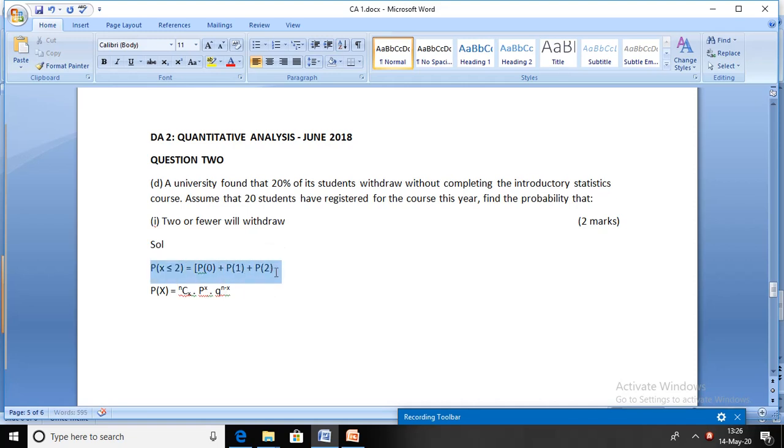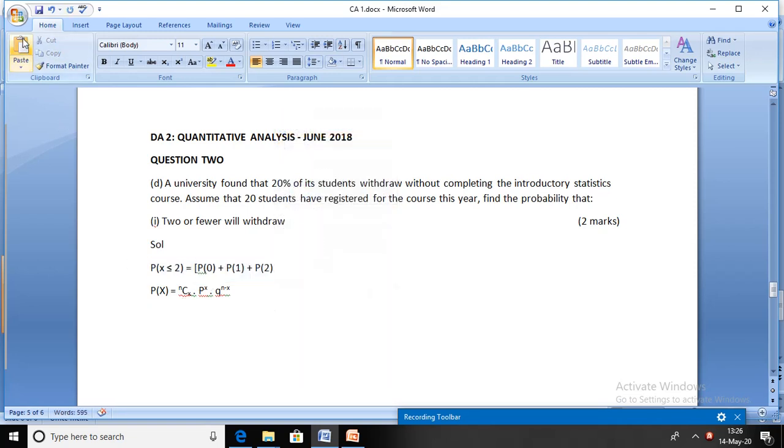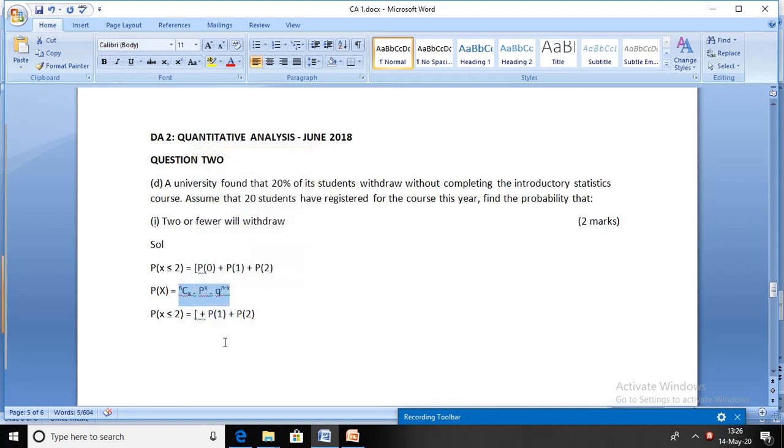So let's see how we can do that quickly. The probability for 0 is going to be... where n is the sample size.